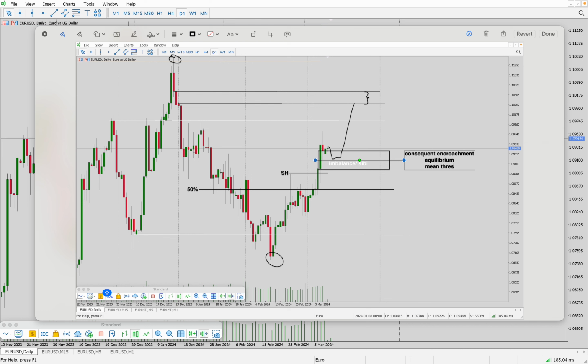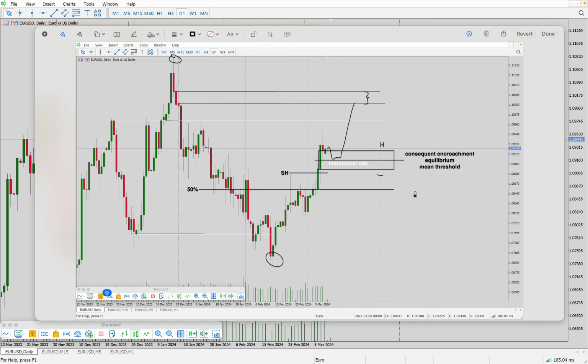Another one would be this term, mean threshold. The mean. Consider this a range, where this is the high of the range and this is the low of the range. The bottom side of the box is the low of the range, alright?